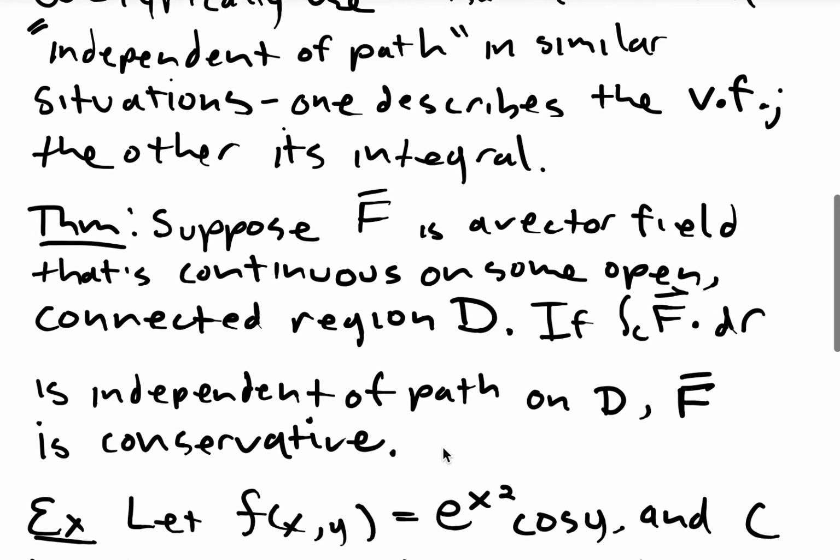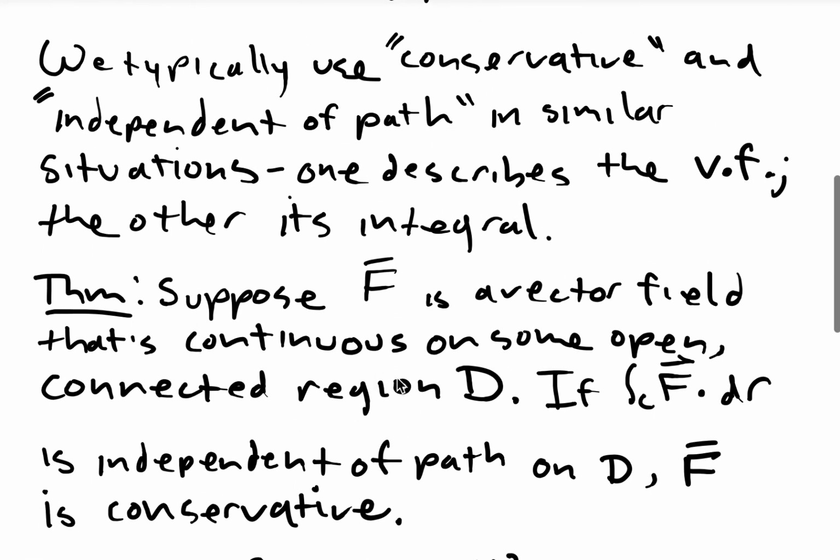So I'll go ahead and kind of end us with this theorem and this example here. If you've got a vector field that, once you integrate it, is independent of path, that vector field you integrated is going to be conservative. And we've already sort of seen before, if you have a conservative vector field, pretty much by definition, by the fundamental theorem of line integrals, it will yield a path-independent integral.